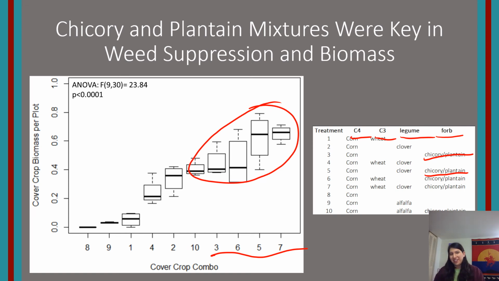For example, C4 and C3 are different types of photosynthesis, but generally the C4 plant grasses are pretty robust and pretty big. Corn is taking that role, and C3 is taken by wheat, which is also a grass. The clover and alfalfa in this case are the legumes, meaning that they fix nitrogen. The forb is like those leafy plants that you also see out in the natural system. So they're all sort of replicating natural systems in agriculture.